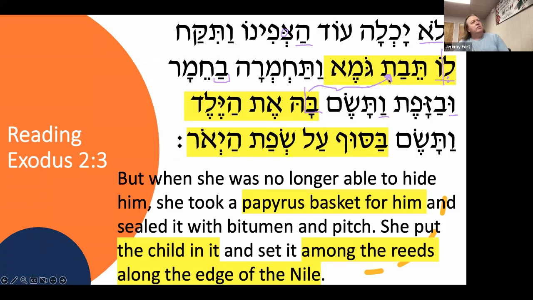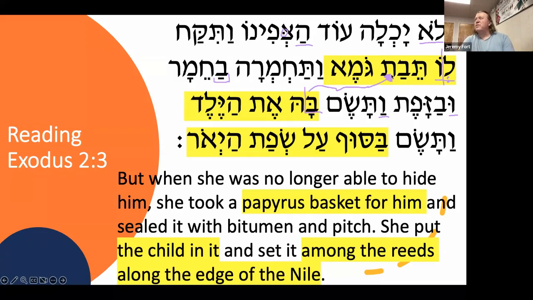The teva. This word is used very rarely in the Hebrew scriptures. A teva is an ark. Tevat. Teva. Now the ot here turns it into what? What are the endings? Construct.